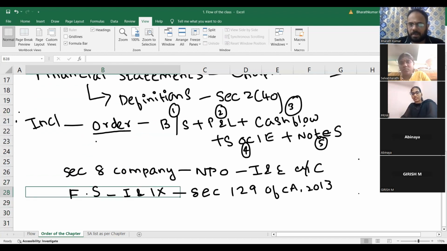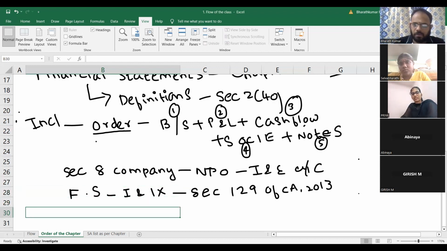For chapter number 9, for provisions of financial statement, you will study section 129. When I go to law, I will indirectly connect all these things, because chapter number 9 is called accounts of companies. After accounts only, what will come?